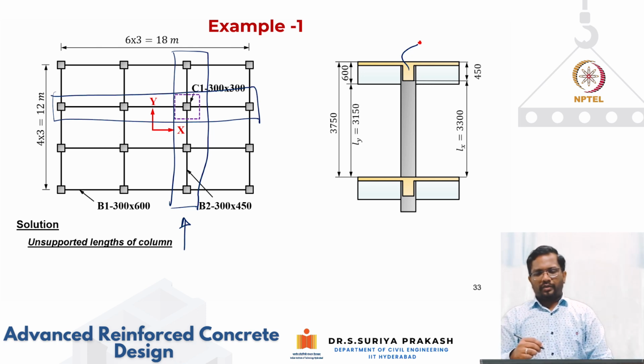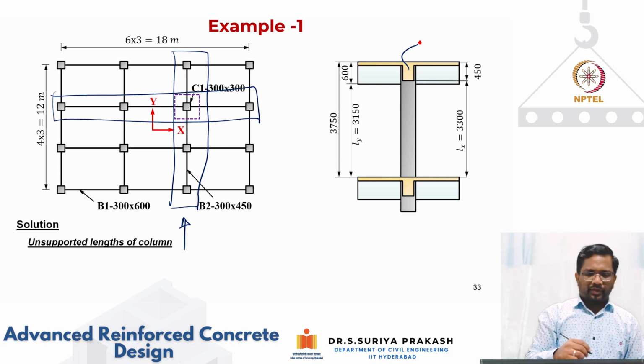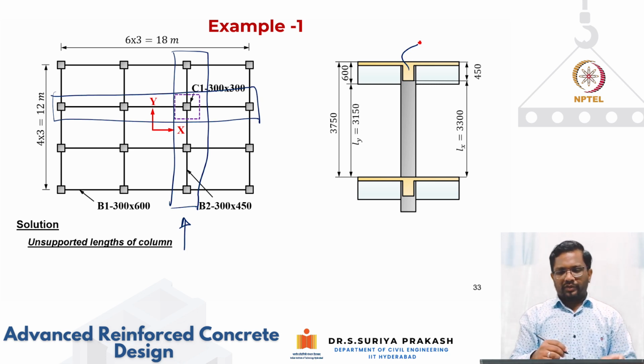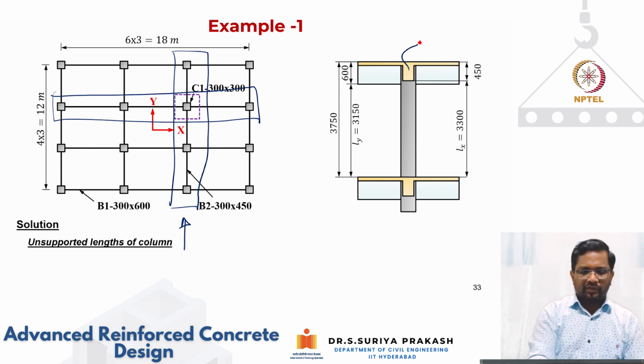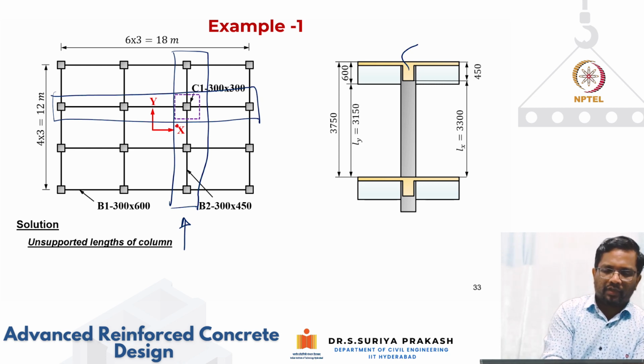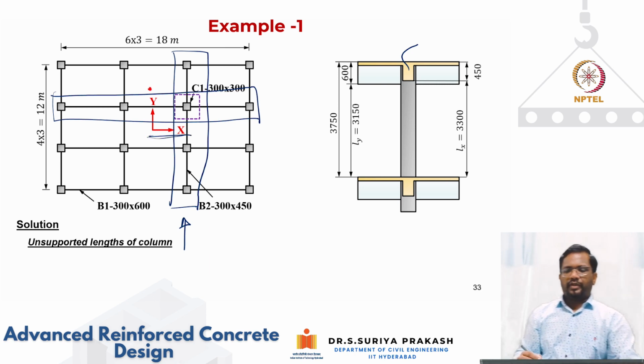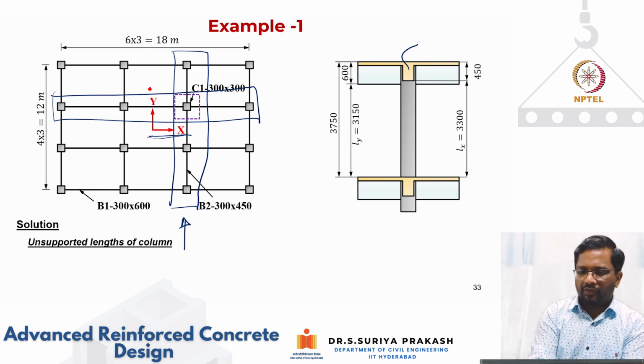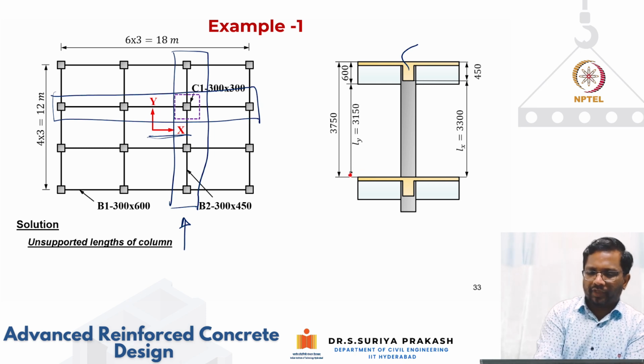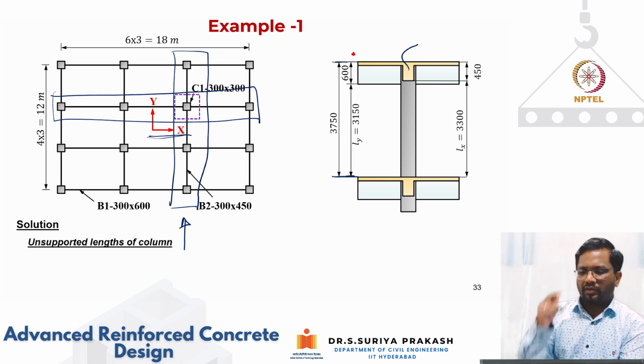So how are we getting this LX, when it is bending about this x axis? If you look at this particular frame, this is your x direction and this is your y direction. The story height is 3750 millimeter, that is, 3.75 meter from the top surface of one floor to the top surface of the other.